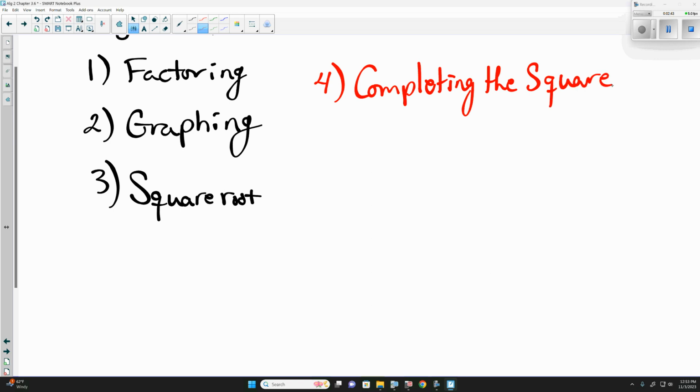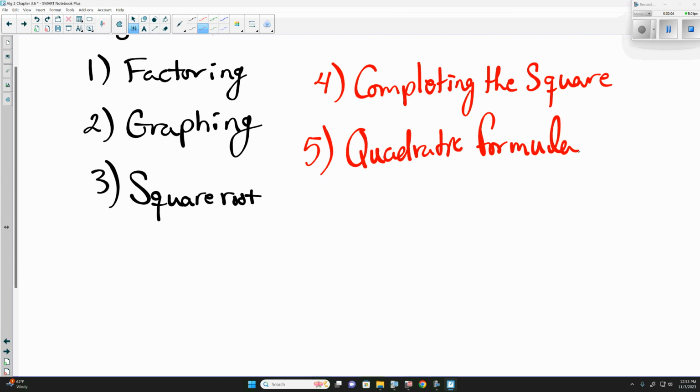Completing the square was the first method that we went over that can solve any and all quadratics, and we went over the steps for it yesterday. Now today we're going over the other method that works every single time, and we call it the quadratic formula. The quadratic formula will solve any and all quadratics, and that's the method we're going to look at today.